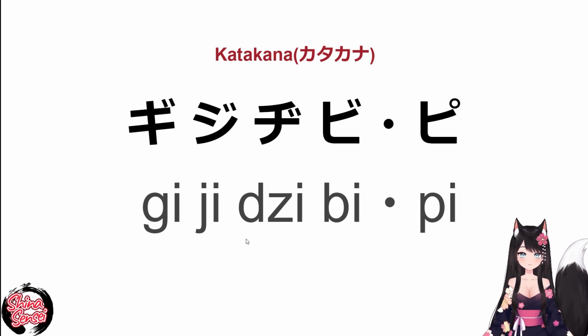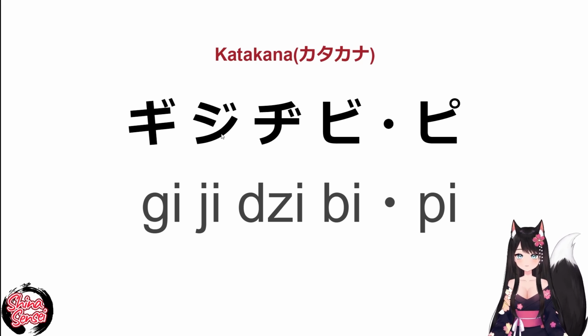If you remember, I linked a video of Dogen in my hiragana video where I show you why this is different. But yeah, you don't have to worry about this. Like they are different here, but they are pronounced the same. So don't think too much about it. If you see this, you pronounce it the same way you would pronounce this one.